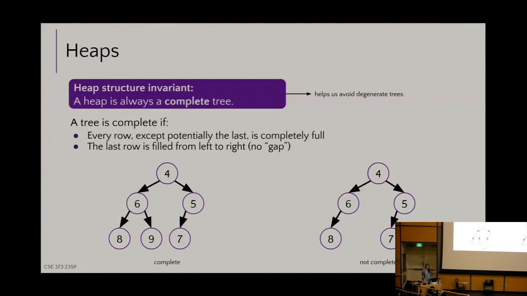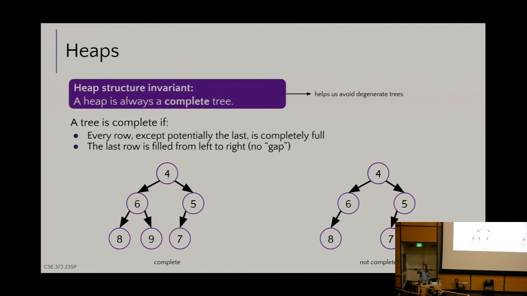So here is the heap structure invariant. A heap must always be a, quote, complete tree. A complete tree is one in which every row except potentially the last is totally full, meaning the space for all children is used up.